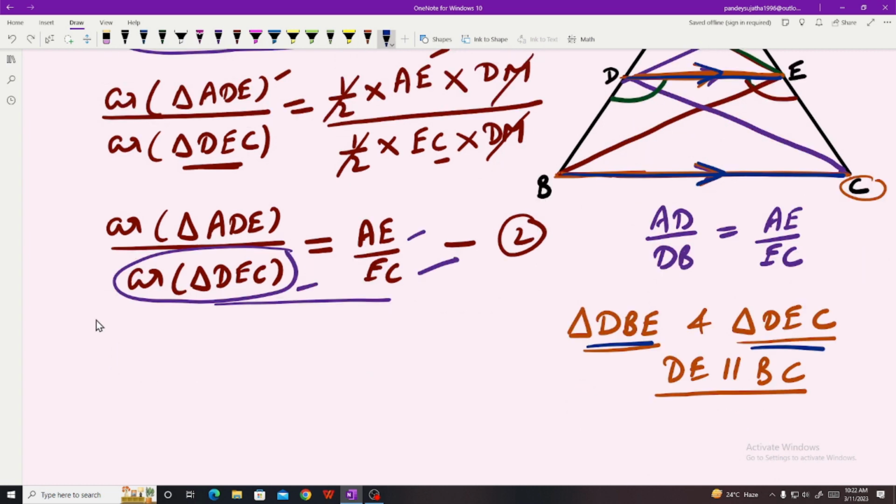In class 9, they have studied one of the theorems that if two triangles are on the same base and between the same parallels, then they are equal in areas.